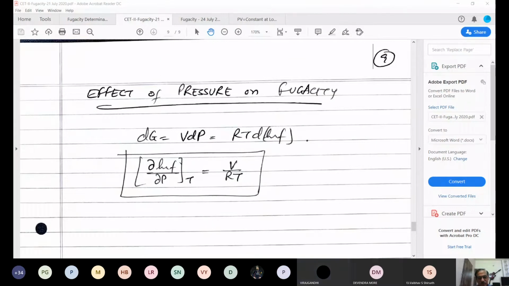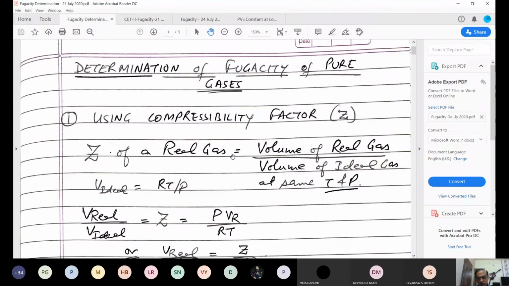Okay. So compressibility factor is nothing but volume of real gas upon volume of ideal gas at the same temperature and pressure. If I take a gas and if it is ideal gas, what is the volume? If it is real gas, what is the volume? Ratio of those two is the compressibility factor. That's how it is defined. And V ideal is nothing but RT by P, ideal gas law.